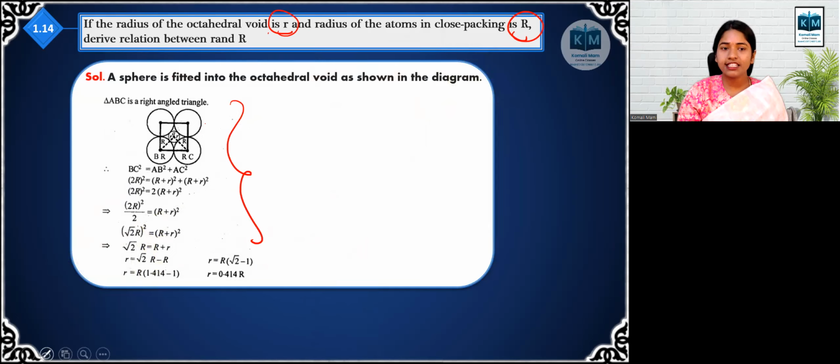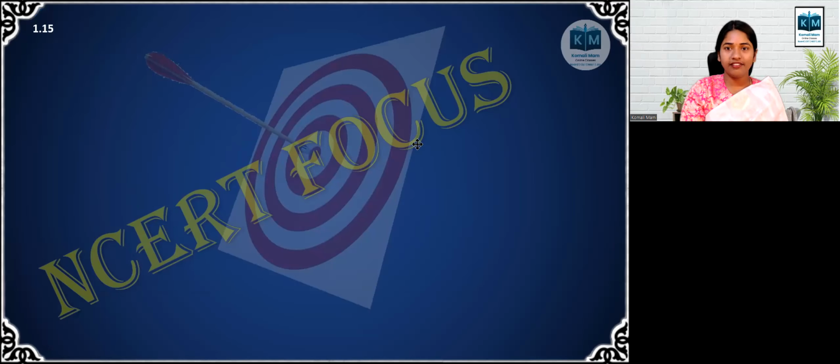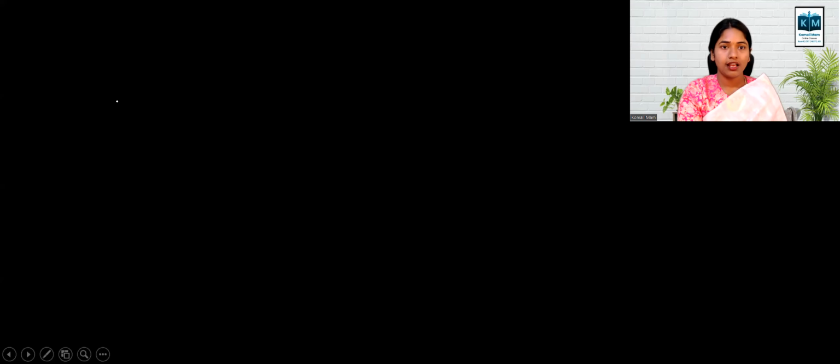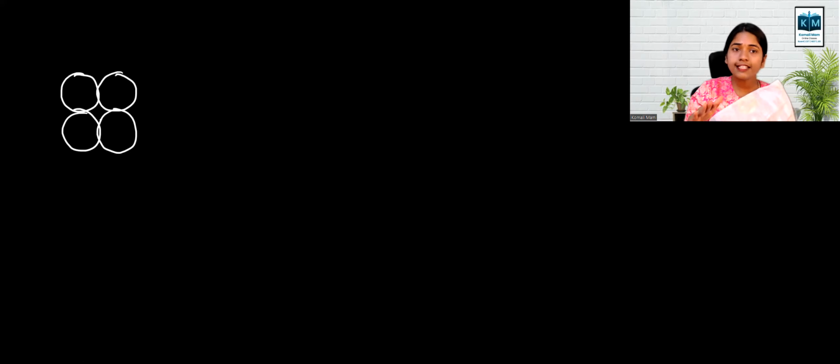Instead of following this solution, I'm going to teach you another shortcut method so that you can solve it very easily. For example, what do you mean by an octahedral void? If there are 4 atoms like this in the same plane, between these 4 atoms there will be some void.